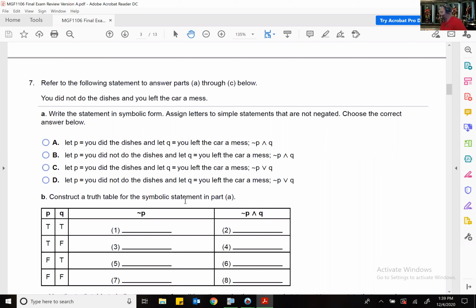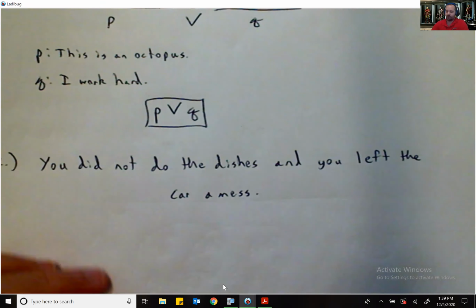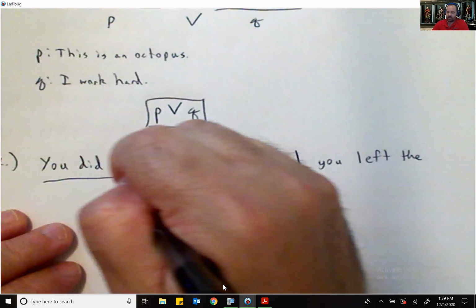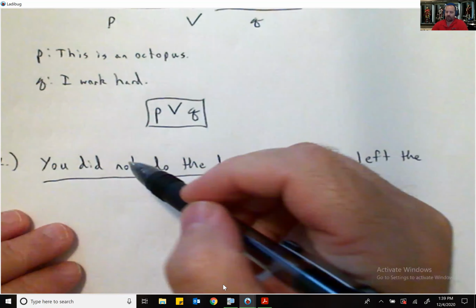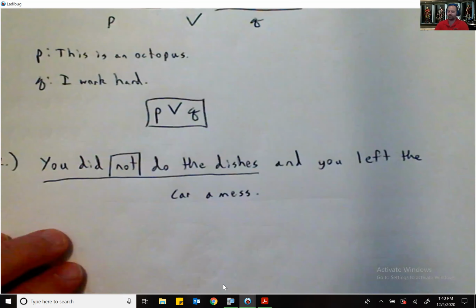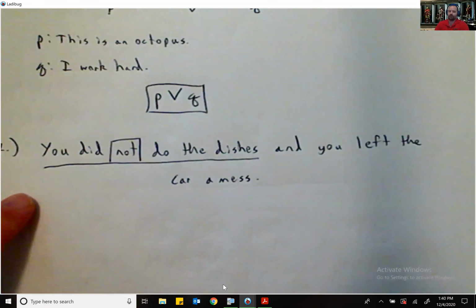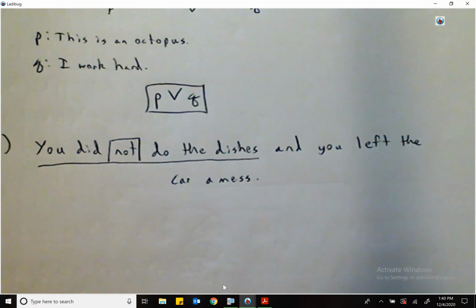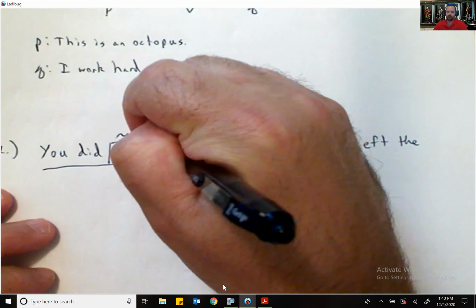Okay. So I've got my sentence here. Again, I underline my first statement. You did not do the dishes. Anytime I see the word not, I put a box around it. So what does this really look like? You did not do the dishes symbolically. Squiggly line, because of the not, and P.